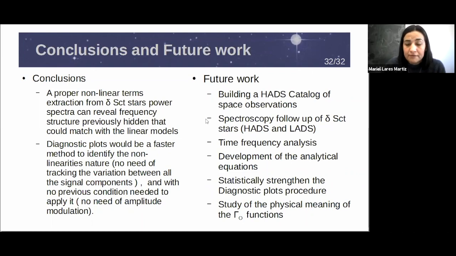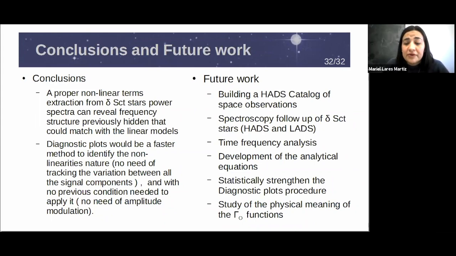And as future work for strengthening this diagnostic plots procedure, we can build a bigger high amplitude catalog of space observations, so this template could be tested on a larger sample.